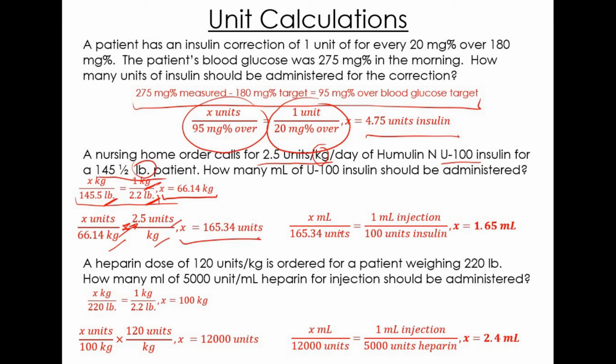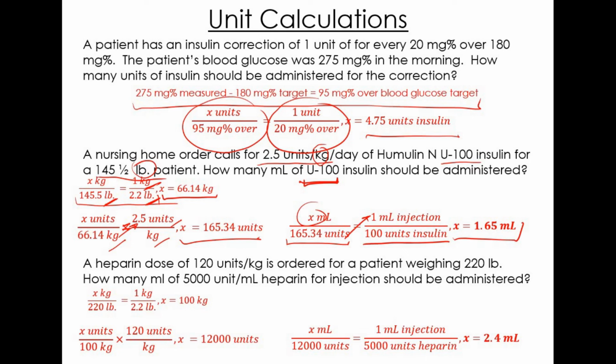And finally, the concentration of insulin is given right here. It's one of the abbreviations of insulin concentration we needed to memorize. It tells us there are 100 units of insulin per mil of the injection solution. If the patient needs to take 165.34 units, how many mils is that? And the answer we get is 1.65 mils.